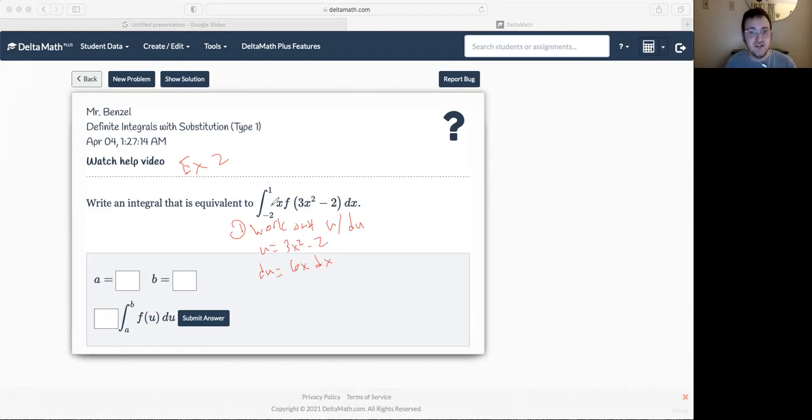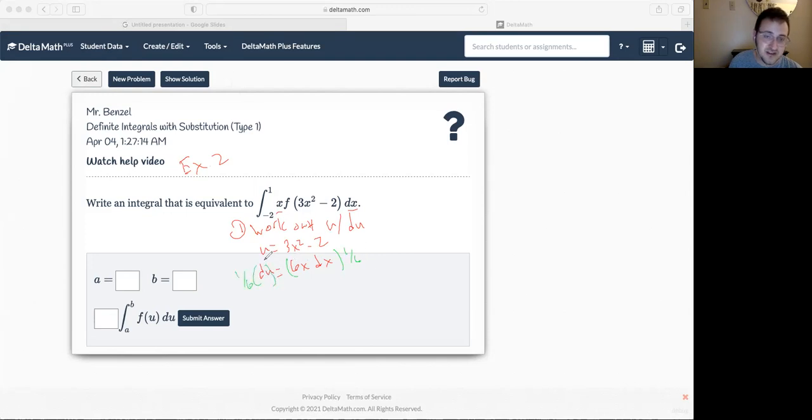And I notice I got x dx on the outside. So I'm actually just going to divide by 6, or you could also say that you are multiplying by 1/6. I like to do that because that way you don't have a fraction below a fraction.